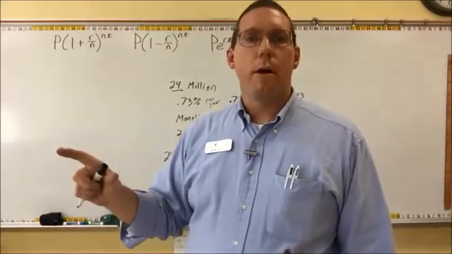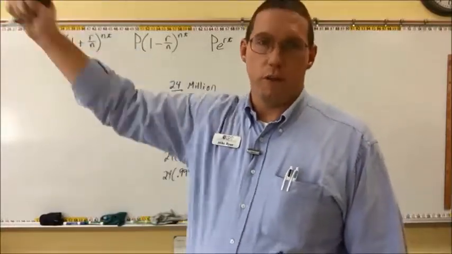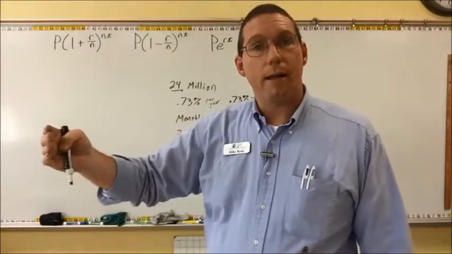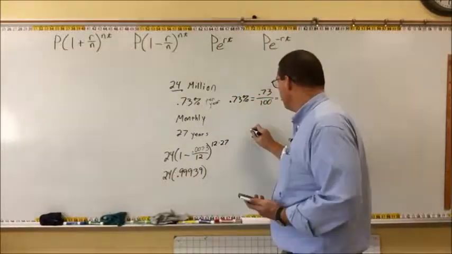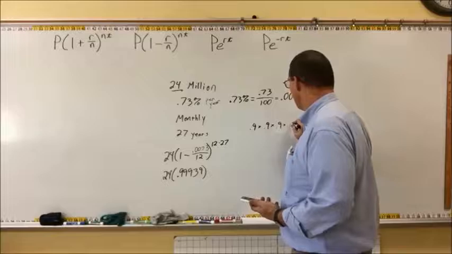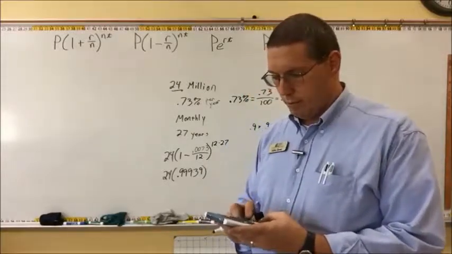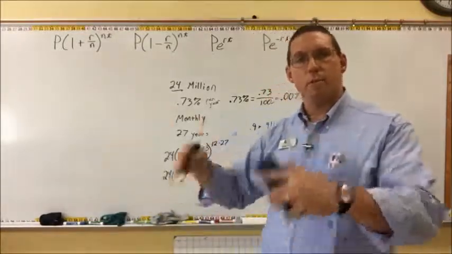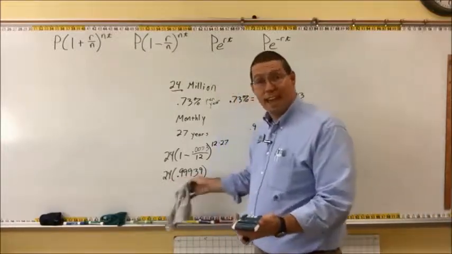When we raise a number larger than 1 to a power, we get a number larger than 1. But when we take a number that's already smaller than 1 and multiply it by itself a bunch of times, it gets smaller and smaller and smaller. For example, if we do 0.9 times 0.9 times 0.9 times 0.9, we get 0.6561. The number's getting smaller and smaller. And that's what happens with decay.